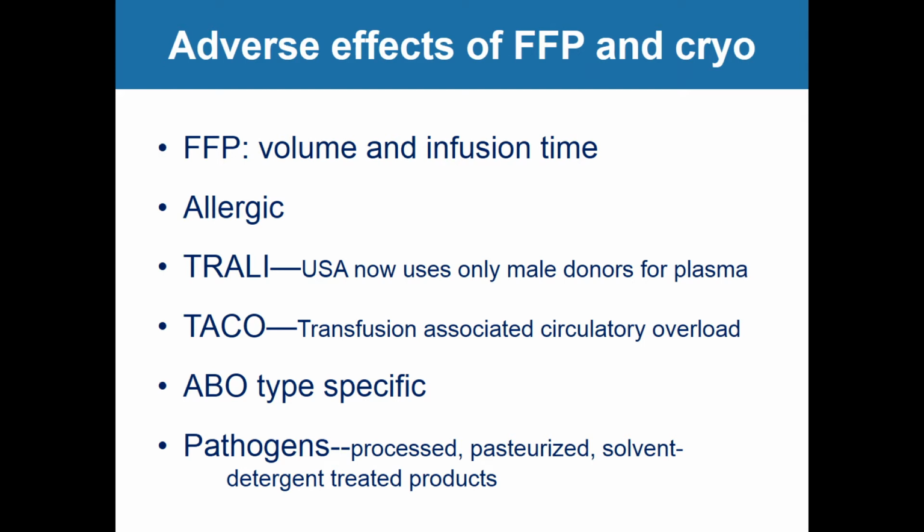FFP and cryo are not pasteurized or solvent detergent treated products. The pathogenicity of FFP and cryo is pretty minimal these days, with good separation of white cells, which are usually responsible for transmitting disease. Donors are carefully screened, but nonetheless there is concern for pathogenicity of FFP and cryo.